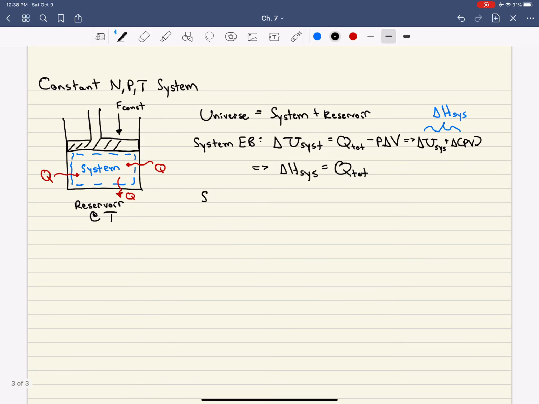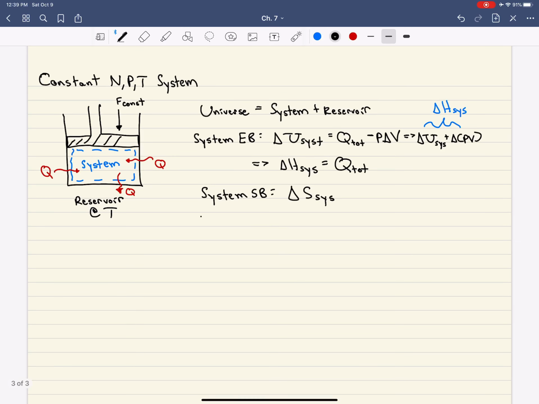For the entropy balance, that's still going to be equal to, we'll just say it's some delta S. For the reservoir, its change in internal energy is just going to be equal to Q total, right?